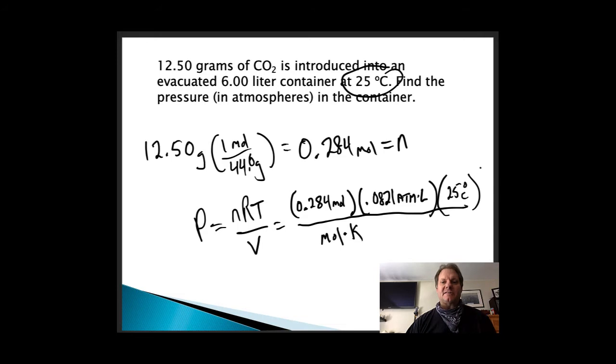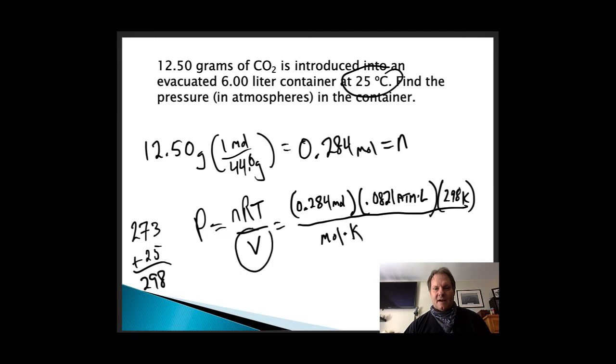And hopefully you're screaming right now saying, no, no, no, we have to use Kelvin. So if I take my 273 plus my 25 degrees Celsius, I get 298 Kelvin. That's what has to go in there. And we're dividing by our volume, which is given as 6.00 liters.